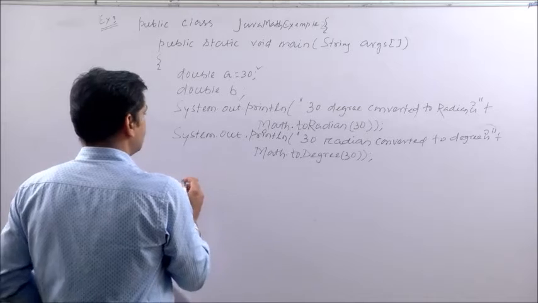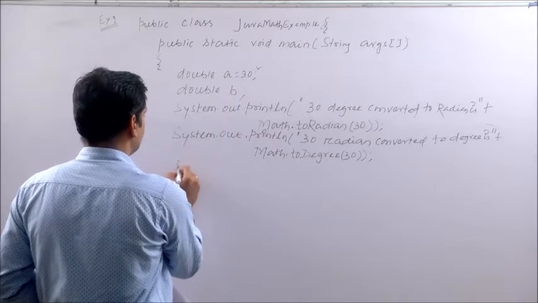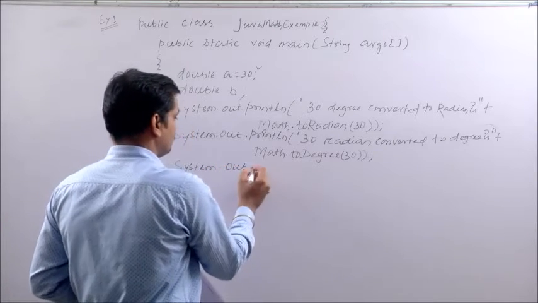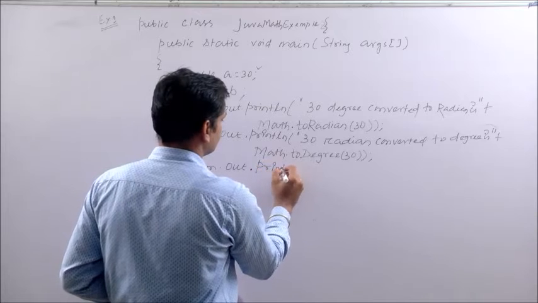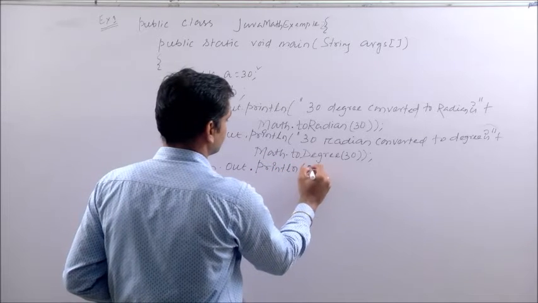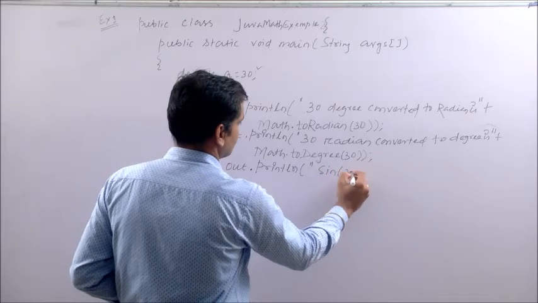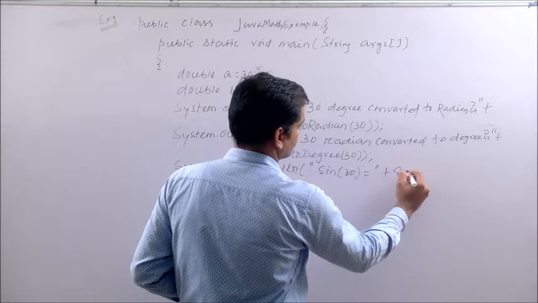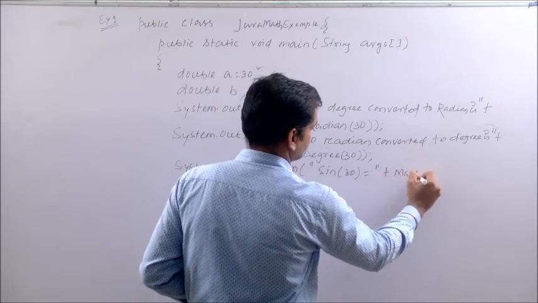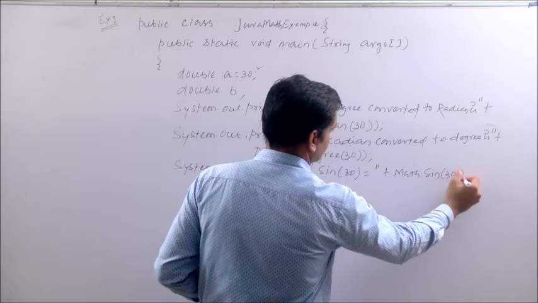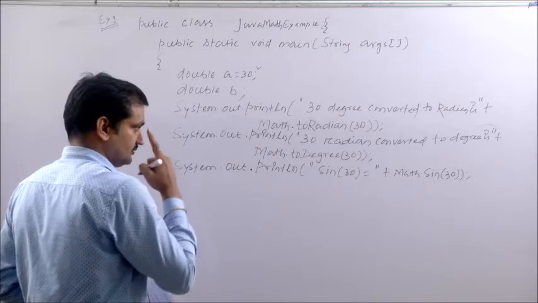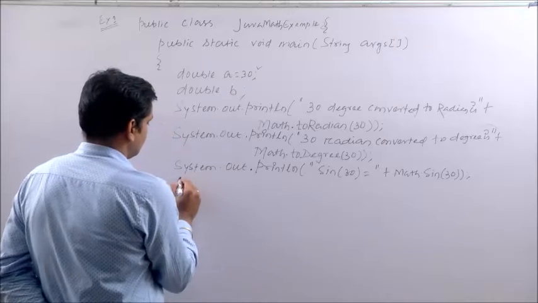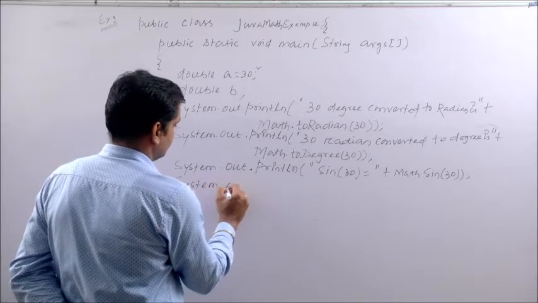Then if I want to find the sine of value a, then we may use the trigonometric method, that is sine. We can say sine 30 equals to, like this. Okay. Similarly we can get cosine and tangent values of 30.